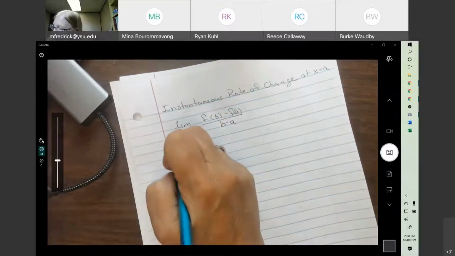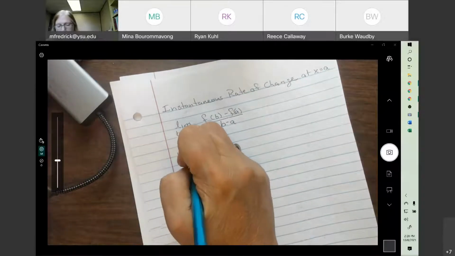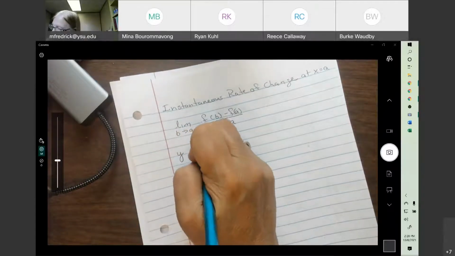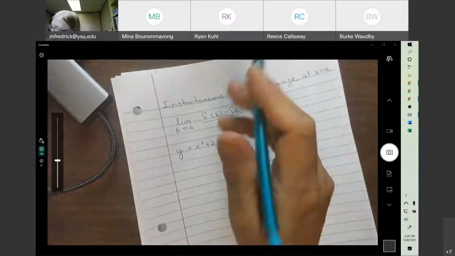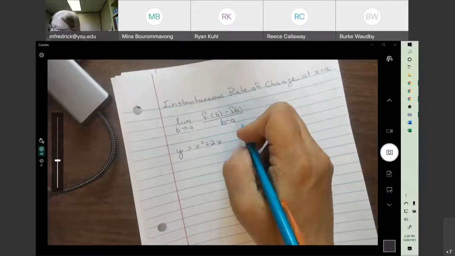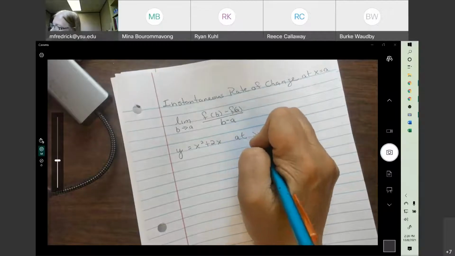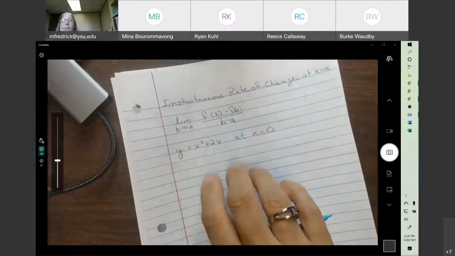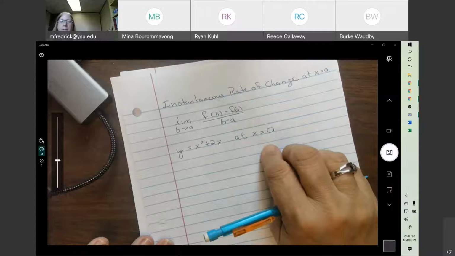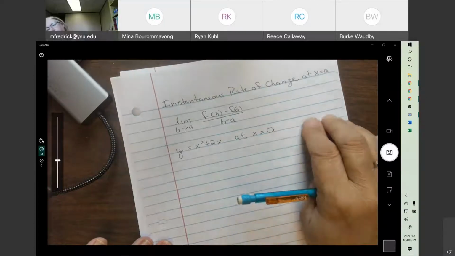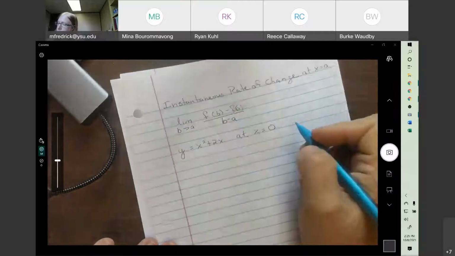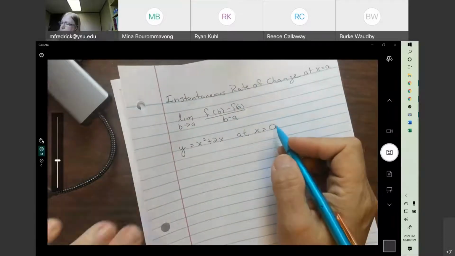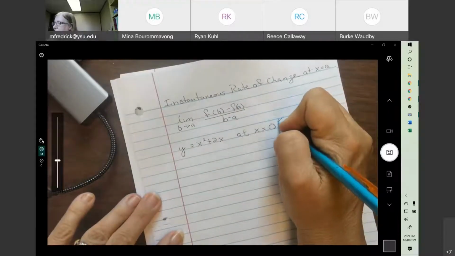Okay, let's try one. Y equals x squared plus 2x. At x equals 0. So we want to find out what's happening at 0, or if we go a little further than 0. This is your a.